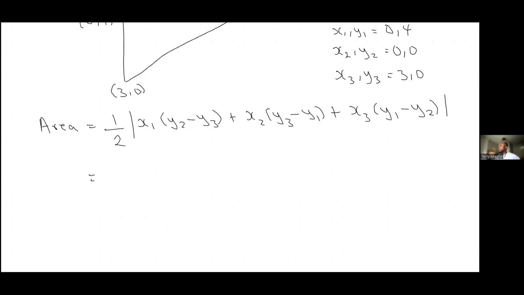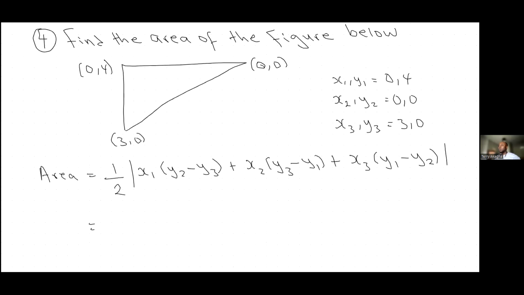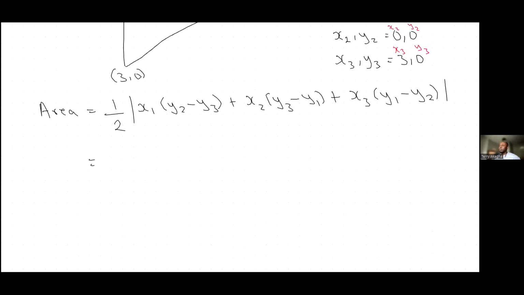Just in case some of you missed my video on coordinate geometry, in this case the 0 is the x1, the 4 is the y1, the 0 is the x2, this other 0 is the y2, 3 is going to be the x3, and 0 is the y3. So basically, we're just going to substitute it into the formula now.